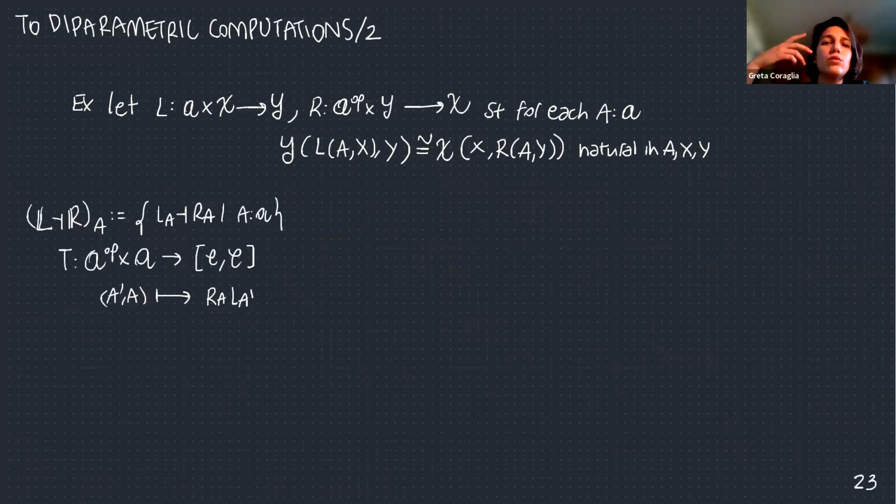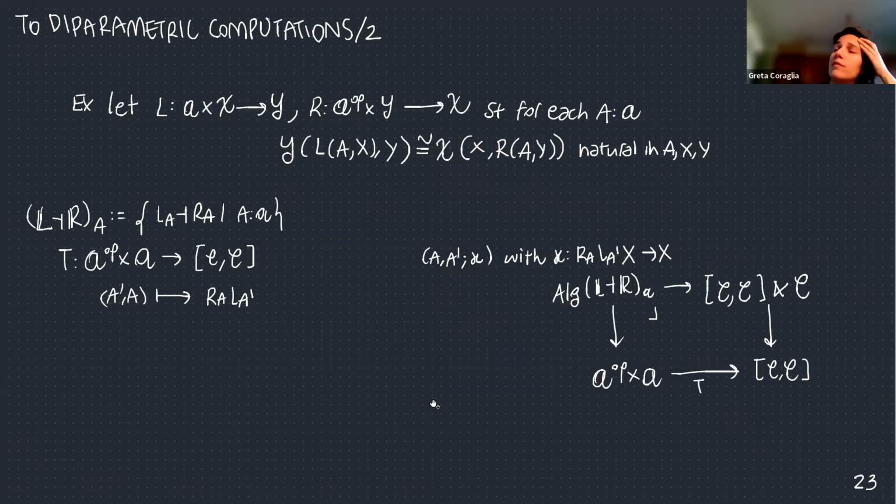But we now want to put what we have and compare it with Hatke's theory. So assume we have this T, which I wrote as a subscript, but just think of L A blank blank, of course. If we define a functor mapping A' A to the endofunctor R A' L A, we can show that it's functorial.